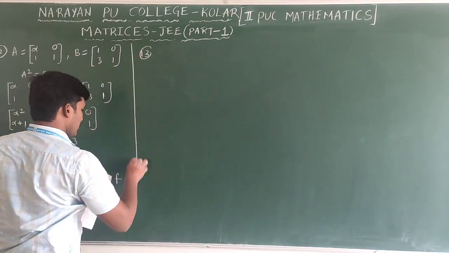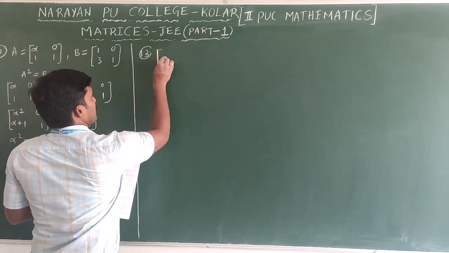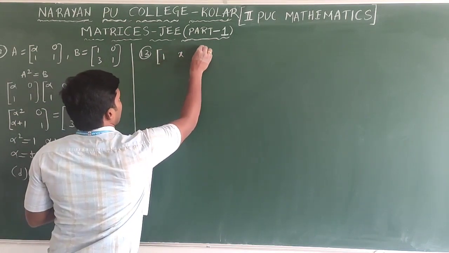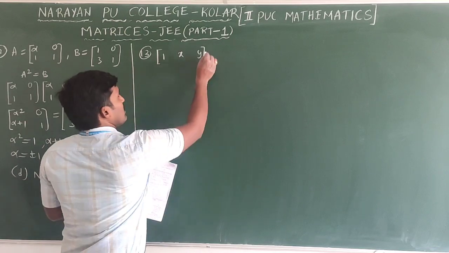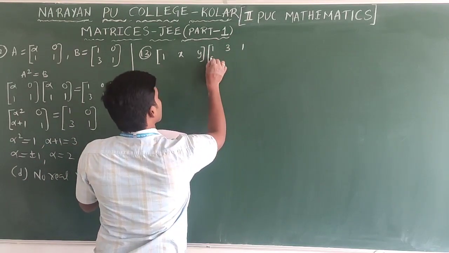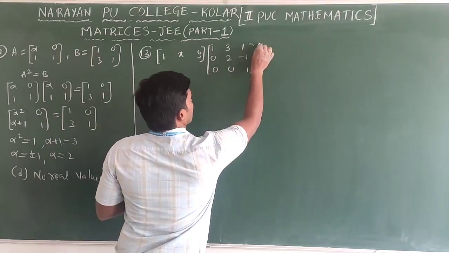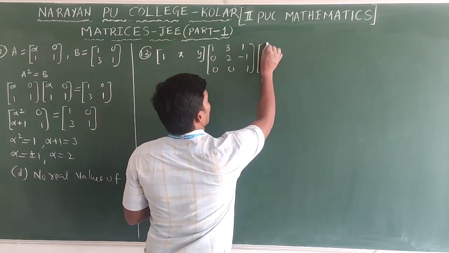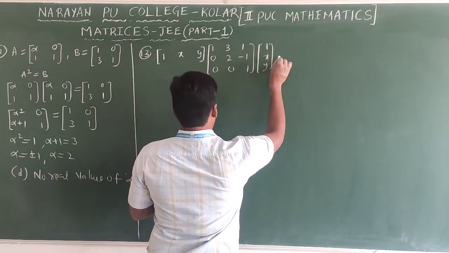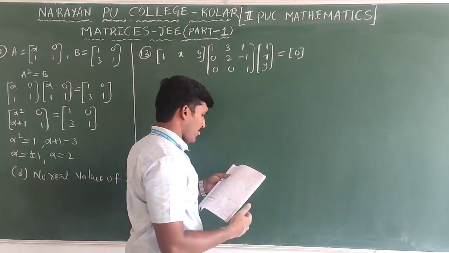Next, the 13th one. The equation: first matrix 1 x y into a 3 by 3 matrix, 1 3 1, 0 2 minus 1, 0 0 1, into the column matrix 1 x y, equal to the 0 matrix only.